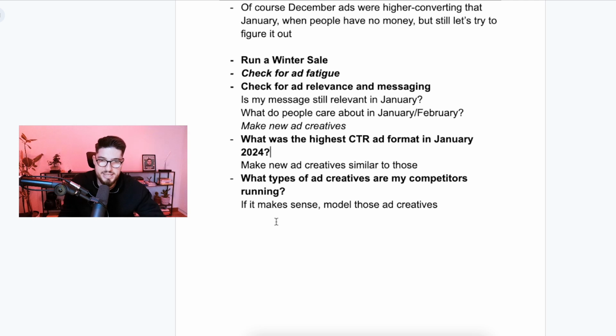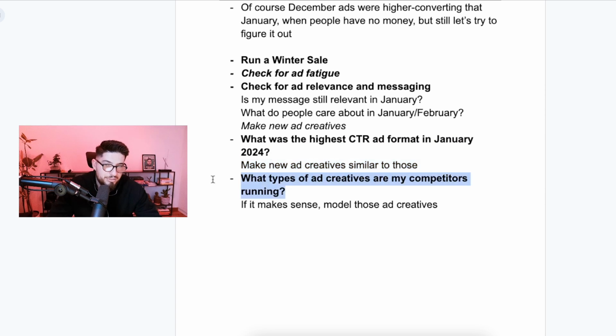And that had crazy CTR in January of 2024. Then I ask you, do you have this active right now in January 2025? And you say, no. I ask, why not? Because we were running it for Black Friday, and after Black Friday we eliminated the discount, turned off the ads, and we forgot. Okay, let's activate it, and make ads similar to those.